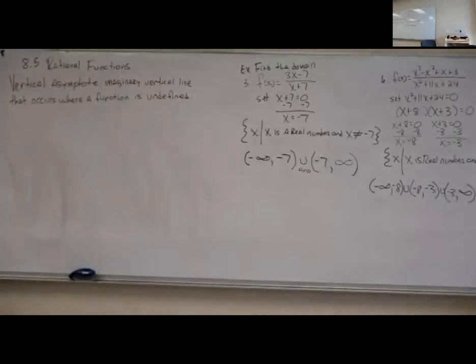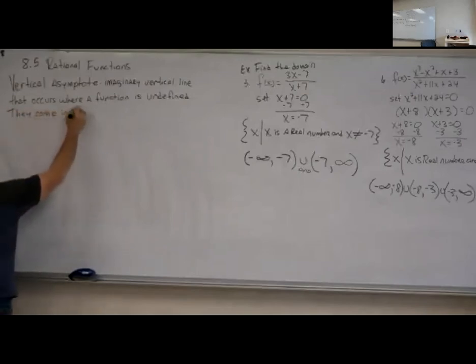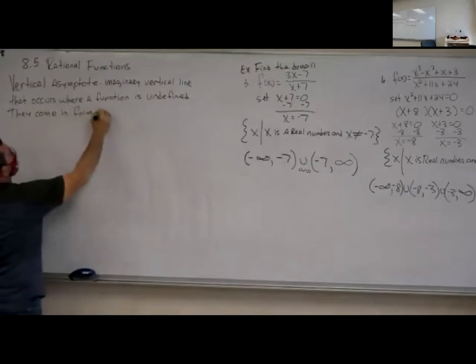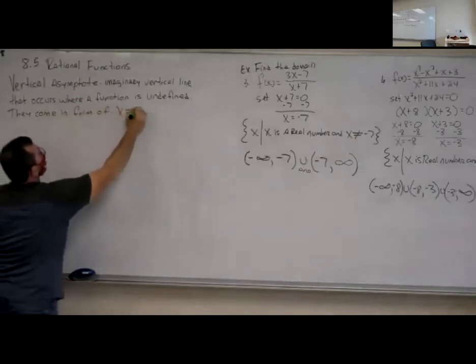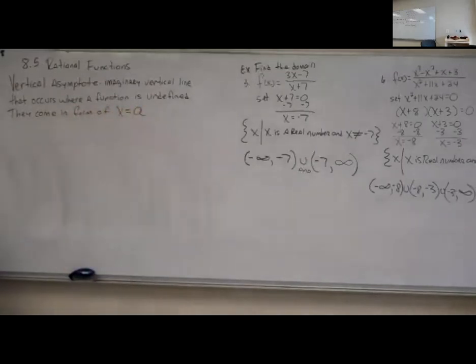They come in the form of x equals a number. A graph cannot cross a vertical asymptote.